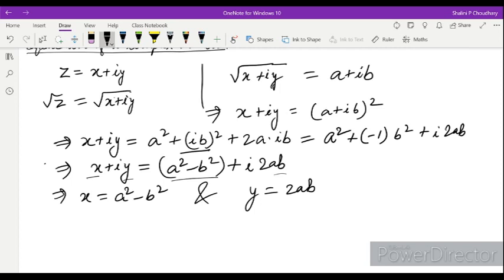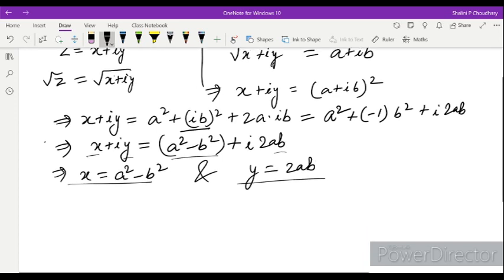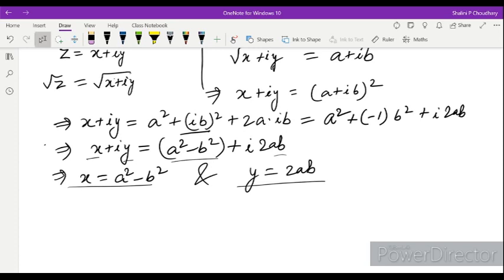So solving the equations simultaneously, we can get the values of a and b. Now we'll do one sum based on this concept.